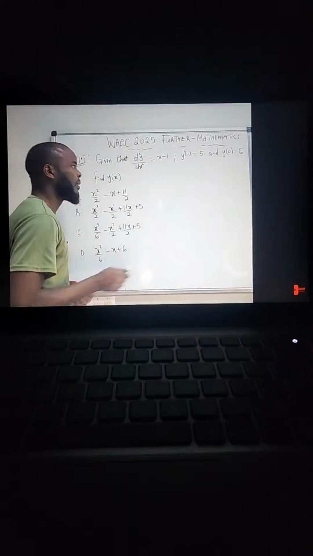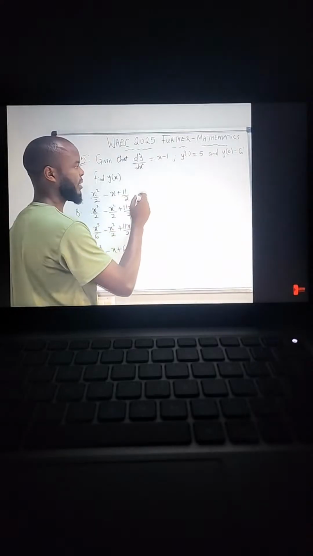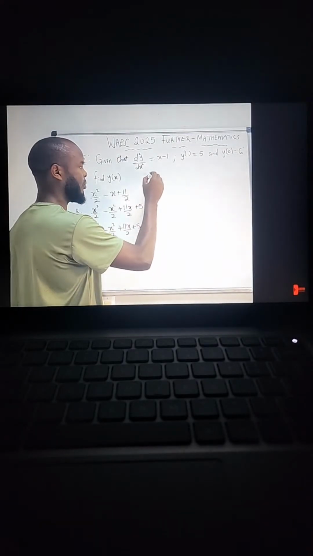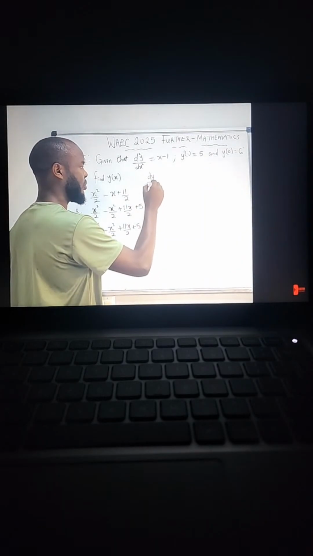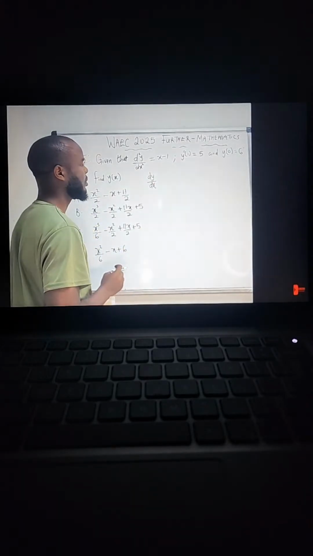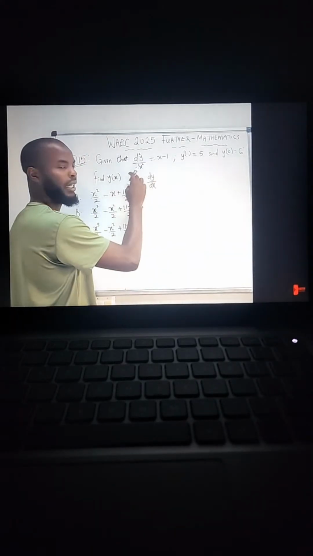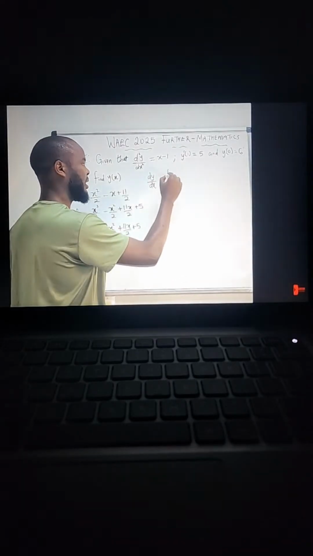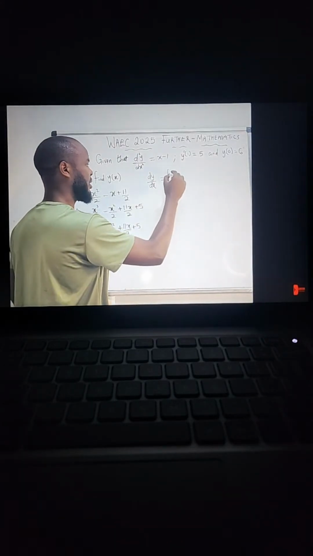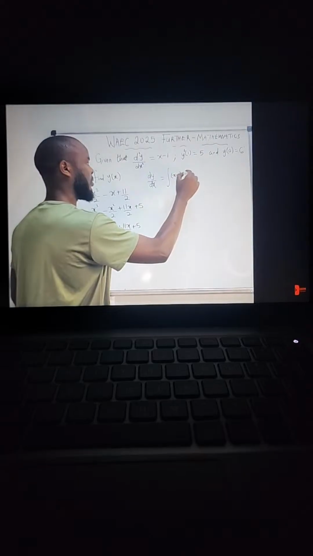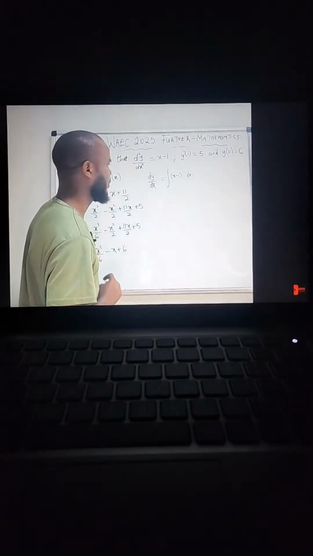Well, how do we solve this? Now, the second derivative has been given as this. What about the first derivative? To get the first derivative means you want to integrate both sides. So that means you find the integral of this with respect to x.